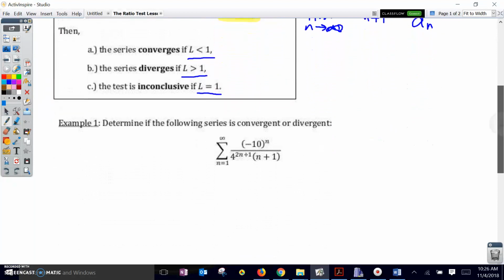Alright, example number 1. Determine if the following series is convergent or divergent. We're going to use the ratio test to do this, and so we're going to take the limit as n goes to infinity of the absolute value of a sub n plus 1. So we're just going to put n plus 1 in here everywhere where there's an n.